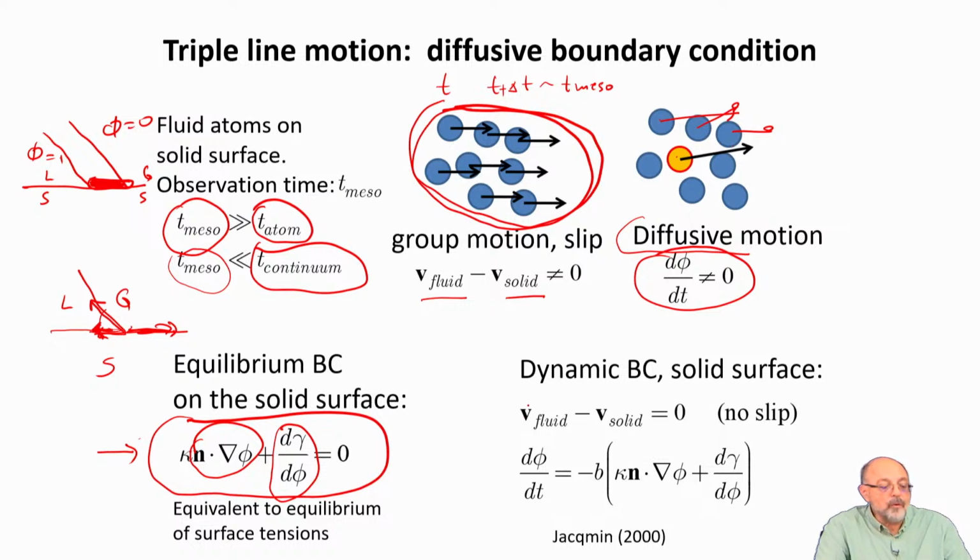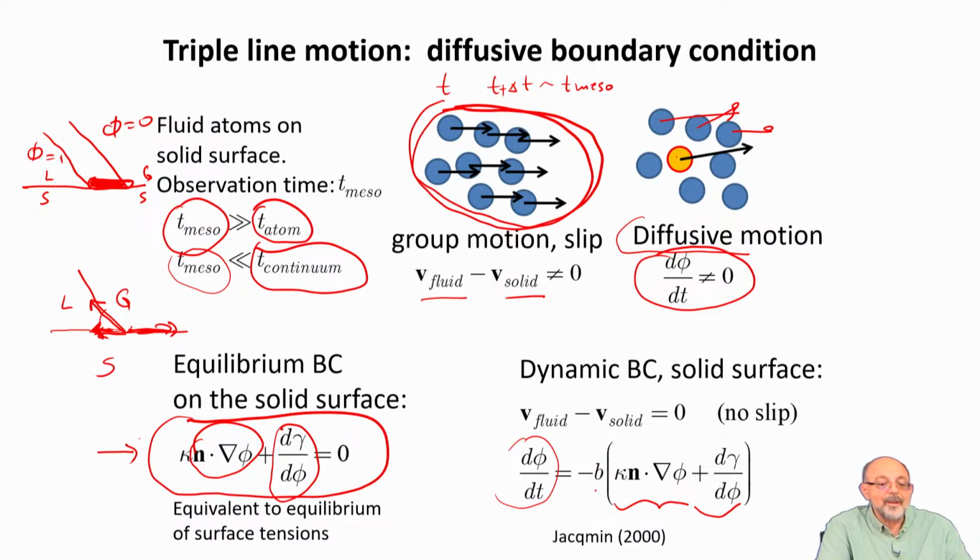But I want a moving triple line, so that triple line is not in equilibrium. So I will have the rate of change of phi proportional to the discrepancy from equilibrium, right? The value of this should be 0 in equilibrium. Any difference from 0 gives me the imbalance in those surface tensions.